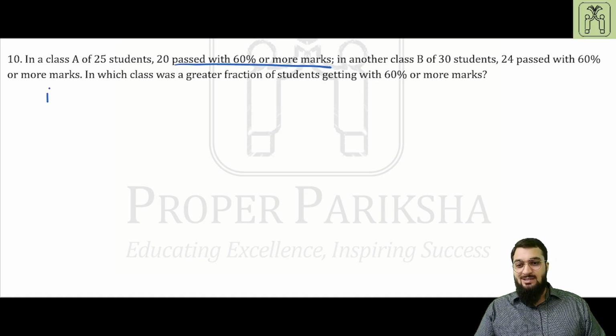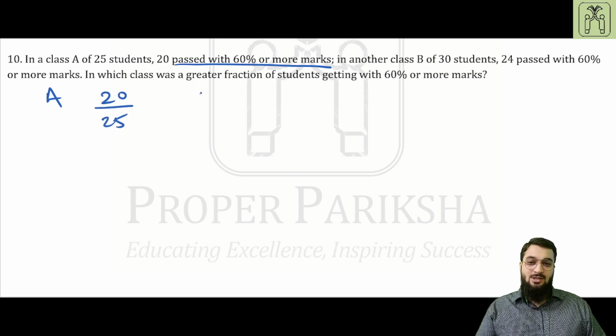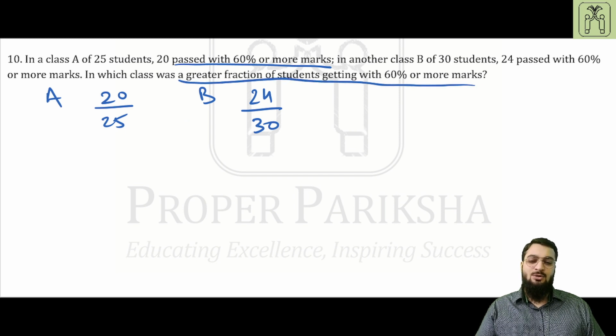So in class A, you see that 20 out of 25 passed with 60 or more. In class B, 24 out of 30 passed with 60 or more marks. So the question is, which was a greater fraction of students getting 60% or more marks?